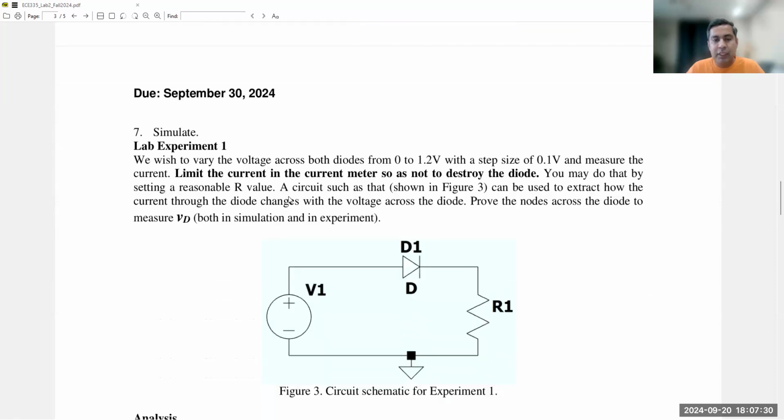When you run the simulation, you are running a DC sweep on the source voltage here.